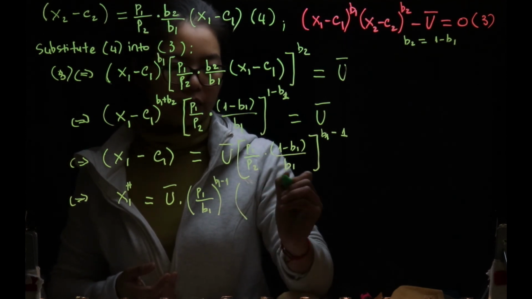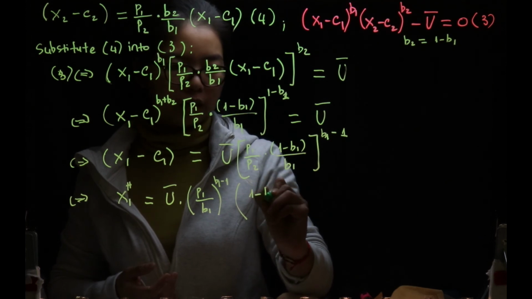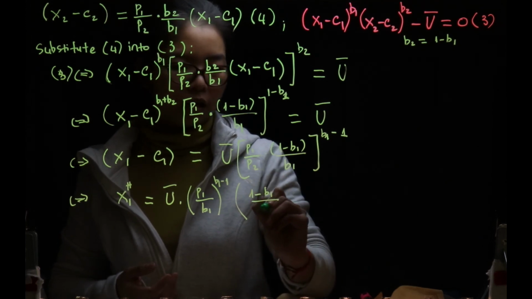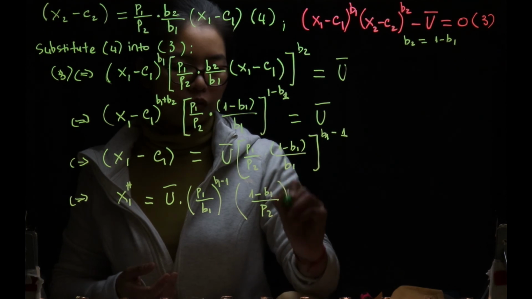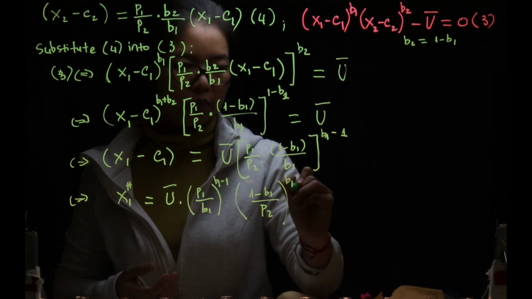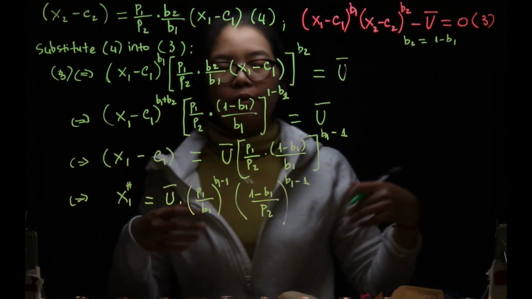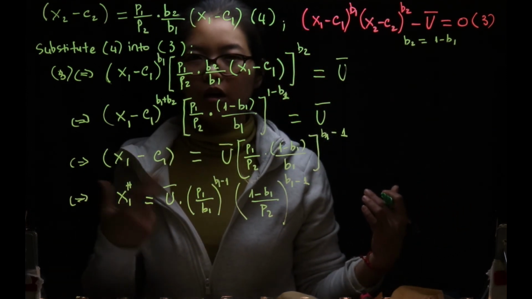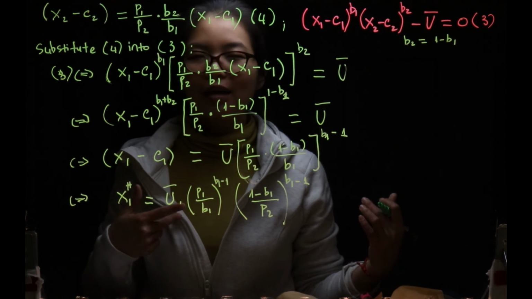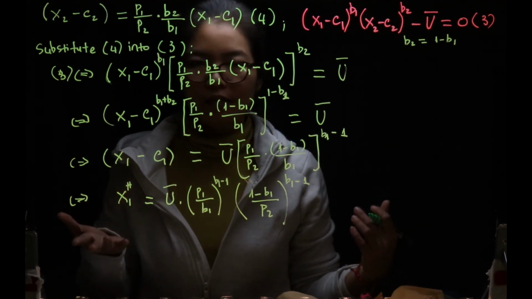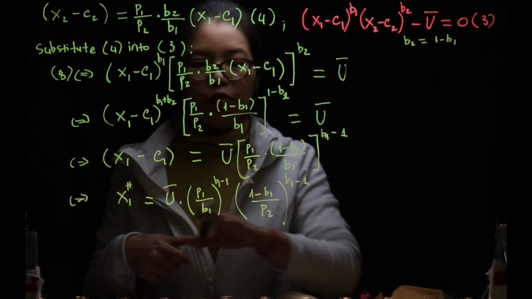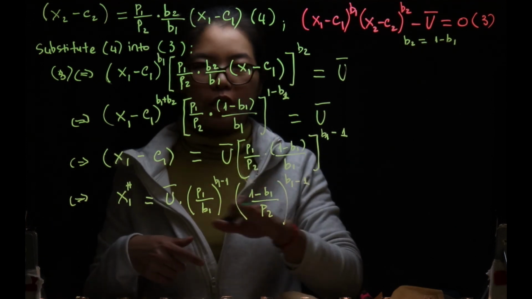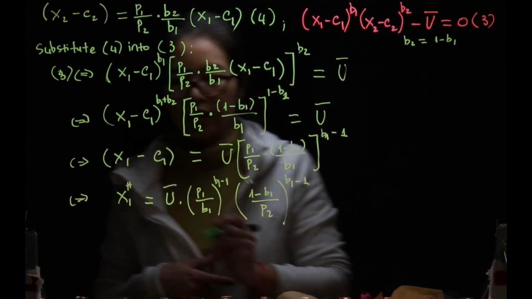And then on the other thing you would have 1 minus b1 over b2 to the power of also b1 minus 1. Now this is a little bit deviated from the result on the slide. However, it's actually exactly the same thing. If you manipulate the exponential algebra a bit, it will be the same thing.